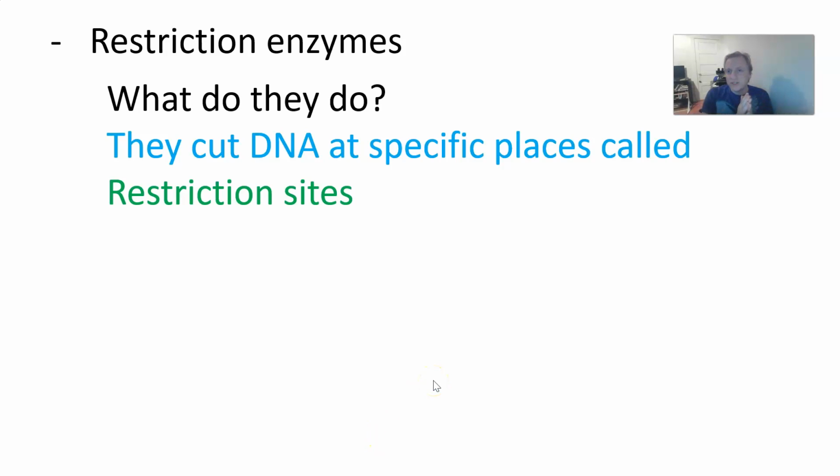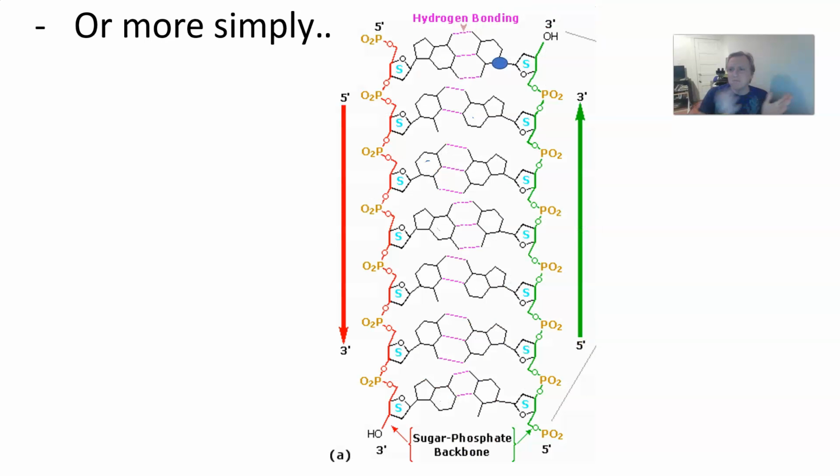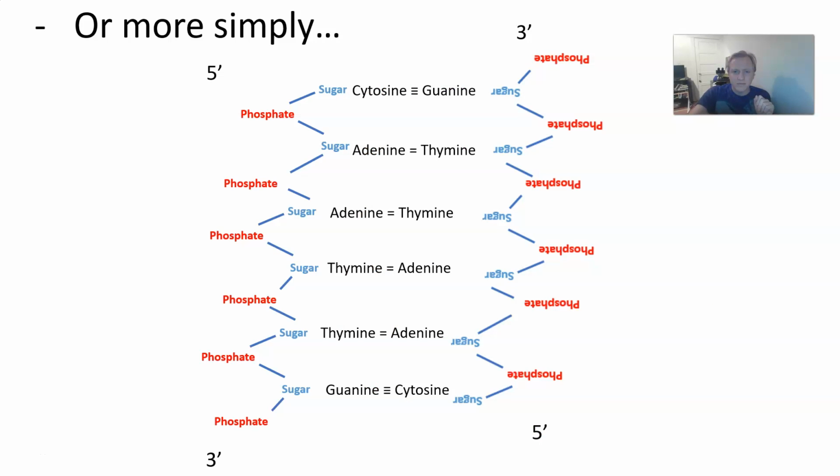So again, restriction enzymes cut DNA at specific spots called restriction sites. So here's a restriction site, which is maybe a little bit overly complicated. So let's simplify things a bit. Is that any better for you? Probably not, but you can still see the phosphate sugar repeating backbone. Let's get this even a little bit simpler. Again, you have the phosphate sugar backbone with these bases here, but this is probably too much for us still.